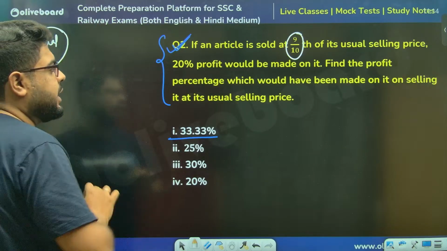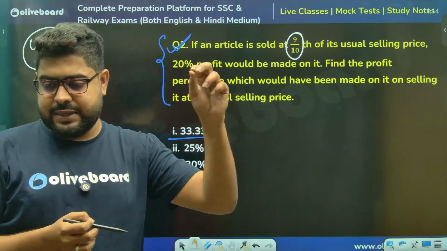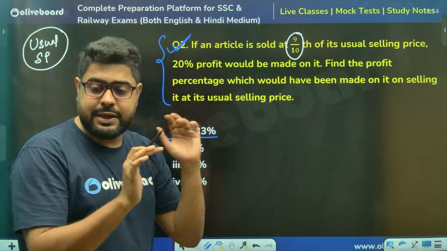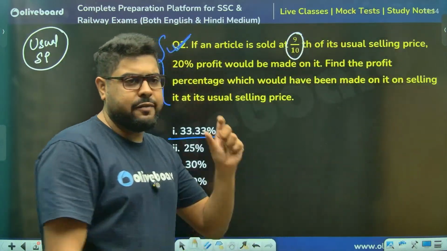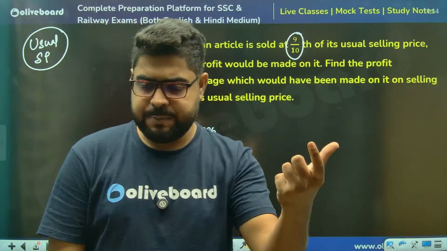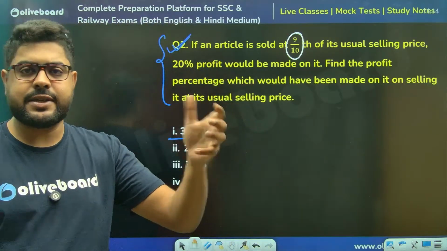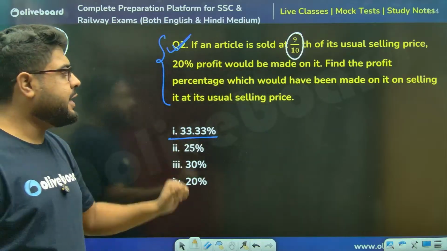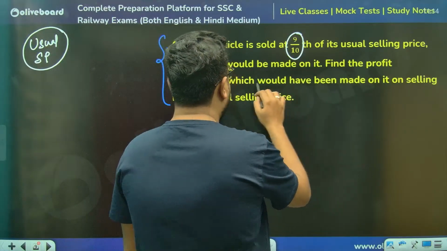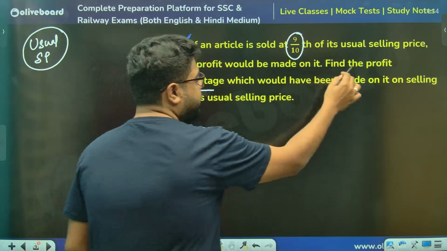Before I go there, understand one thing, everyone. This is a very simple, fundamental thing. Over in this whole question, is there any value mentioned? Rupee is this much, it was sold for rupees this much? Nothing like that. Some ratio, percentage, these things are given. And in the end, they are also asking percentage profit.